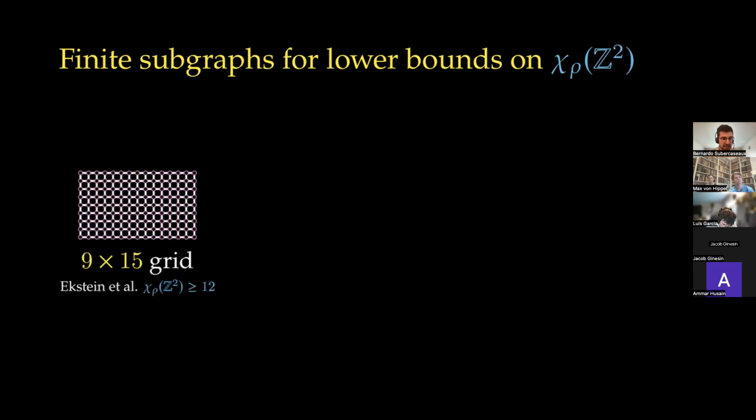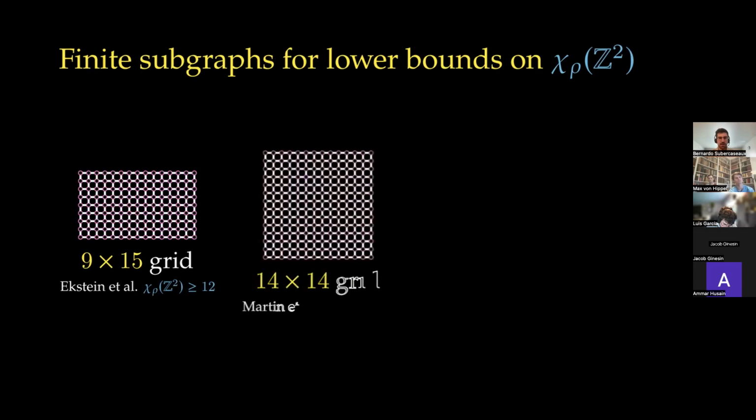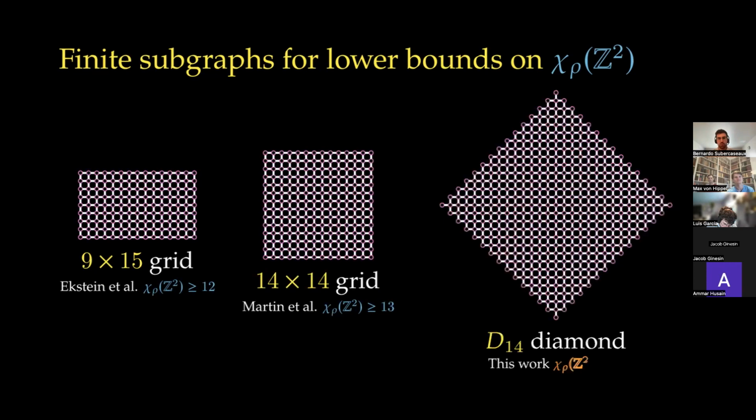So when Eckstein and their group proved a lower bound of 12, they used the 9 times 15 grid. Martin and their group, for proving a lower bound of 13, used the 14 by 14 grid. What we use is slightly different. We use the D14 diamond.